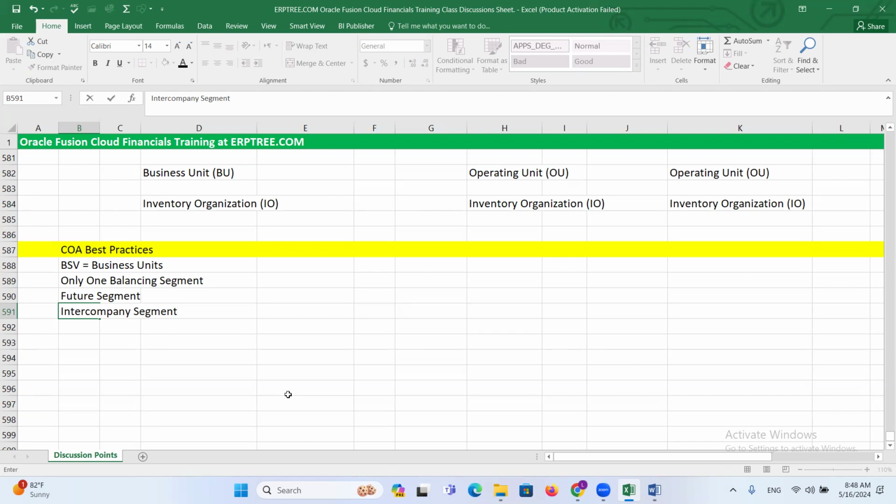As a best practice, if a company is performing intercompany transactions internally, always recommend going with an intercompany segment in the chart of accounts. And you should recommend to the client to maintain hierarchies, parent and child relation.